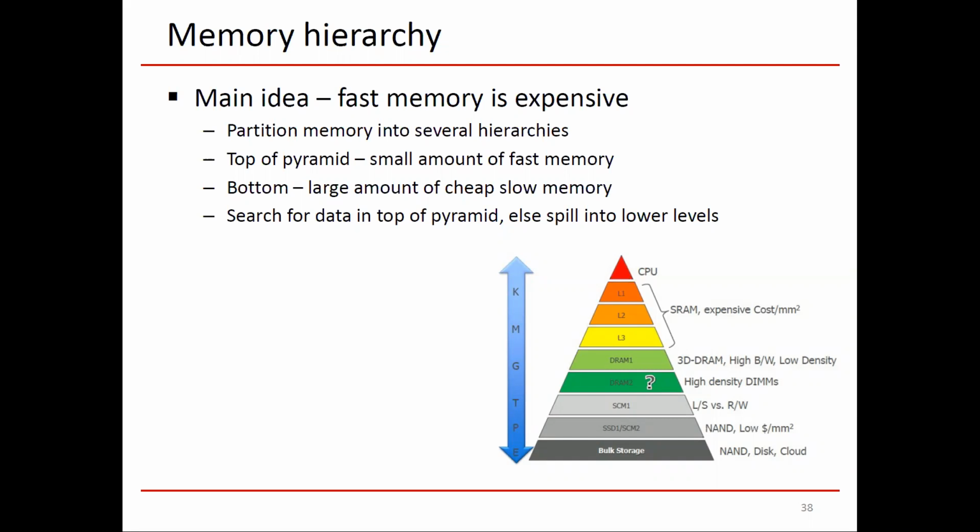Now, the way this becomes useful is that if we had the same amount of memory at different levels of this pyramid, the top would be very, very expensive. So instead, we put less money at the top by reducing the amount of storage. And we utilize the property of memory locality: oftentimes when we run software, we're looking for memory in the same place again and again, or perhaps at an adjacent address.